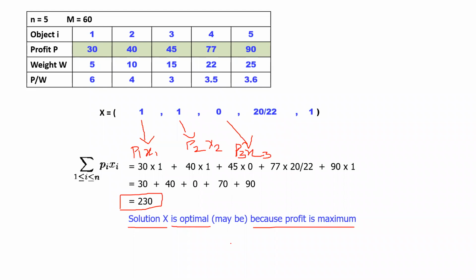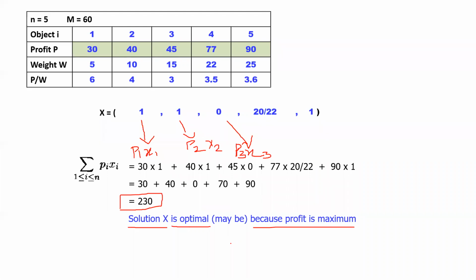That means at this particular step, whichever is the best choice, I'll take that choice. I'll not explore all the choices. I'll restrict myself by making a greedy choice.